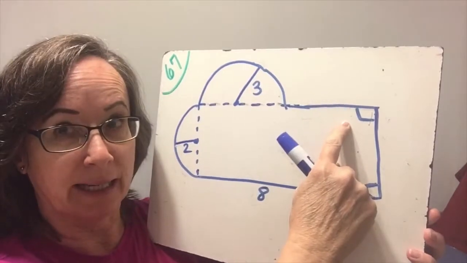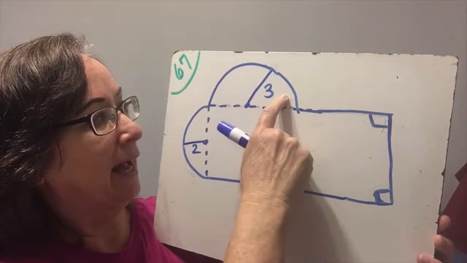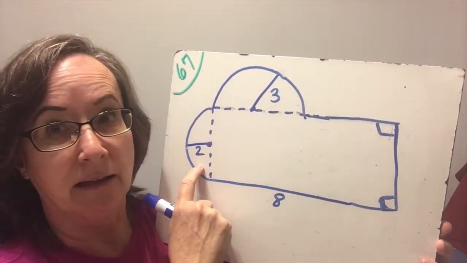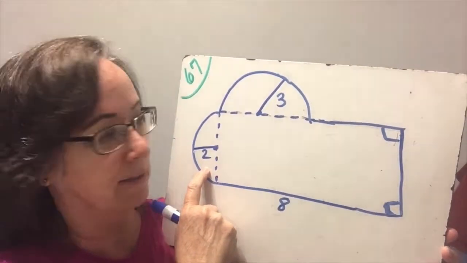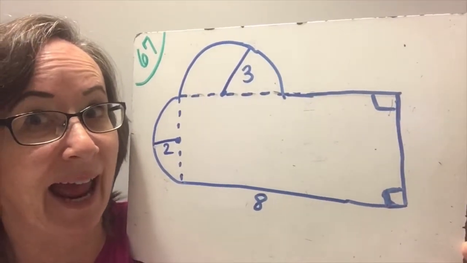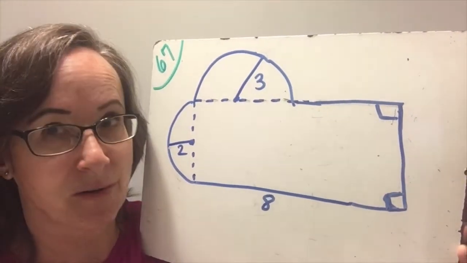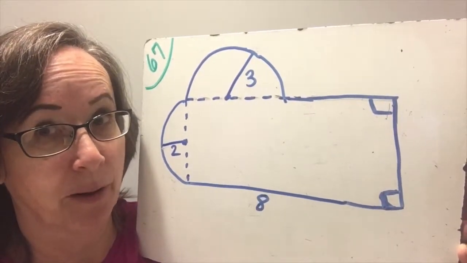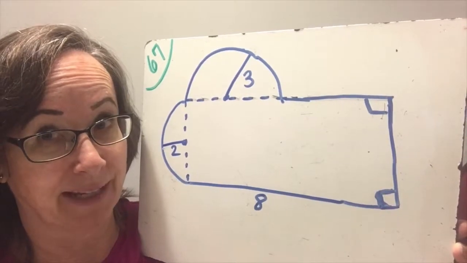We don't know what that is. Can you figure it out? We have half a circle with a radius of 3 and a half a circle with a radius of 2. I want you to try to find the perimeter and the area before you watch me do it. So copy it down and pause your video.